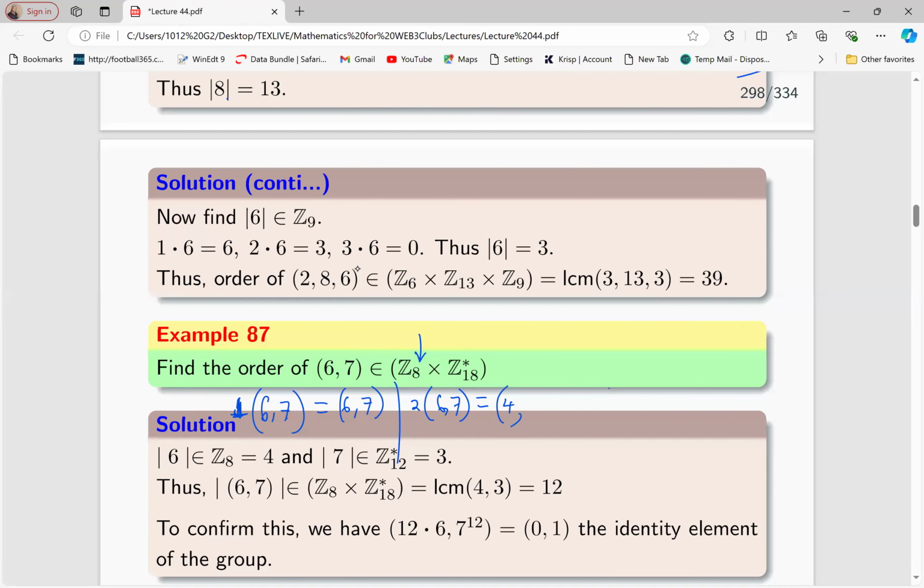The second element, we raise to 2, which is 49, mod 18. Using my calculator, 49 divided by 18 goes twice and the remainder is 13.